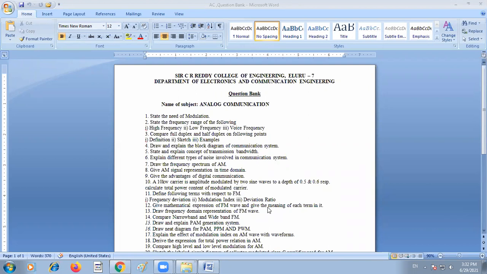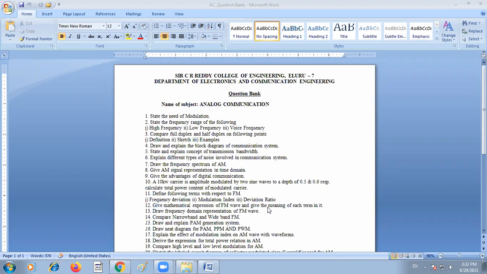And 12th one is give mathematical expression of FM wave and give the meaning of each term in it. Okay, can give the mathematical expression of the FM. What is the FM? V of t is equal to AC cos omega Ct plus phi of t.